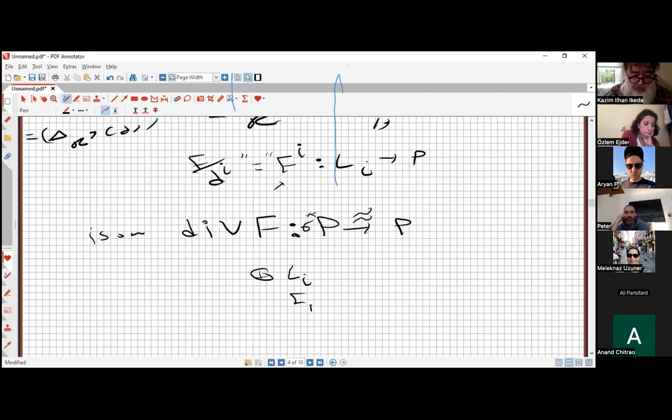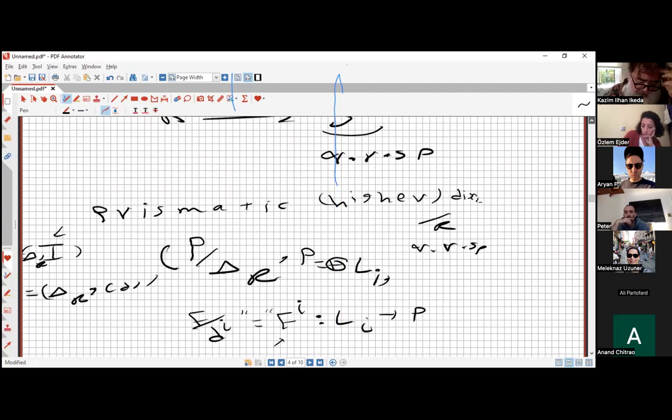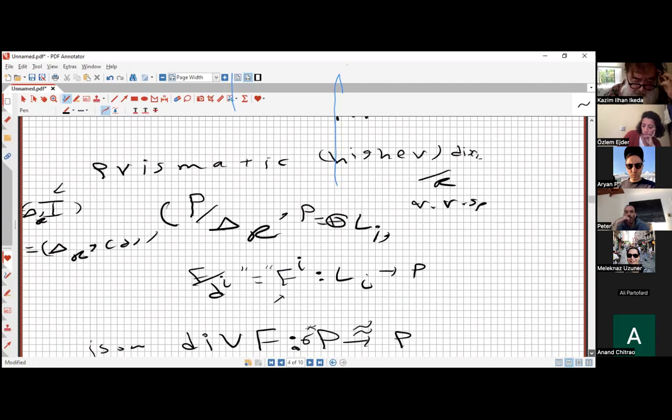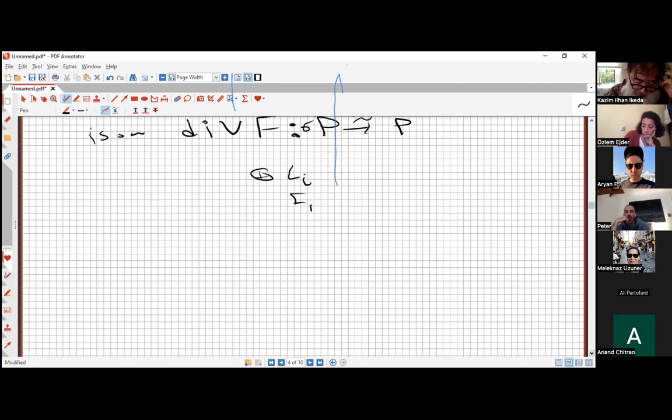And once we have the prismatic display over a quasi-regular semi-perfectoid ring, we can define a prismatic display over a general quasi-syntomic ring by the method of descent. The idea is that to define a prismatic higher display over a quasi-syntomic ring R, first you should find the quasi-regular semi-perfectoid cover S, and then you have the fiber product.